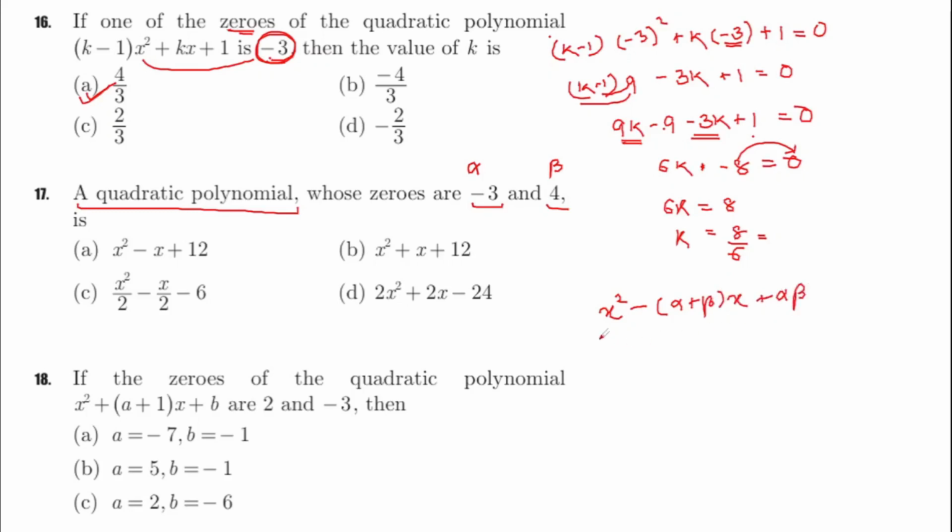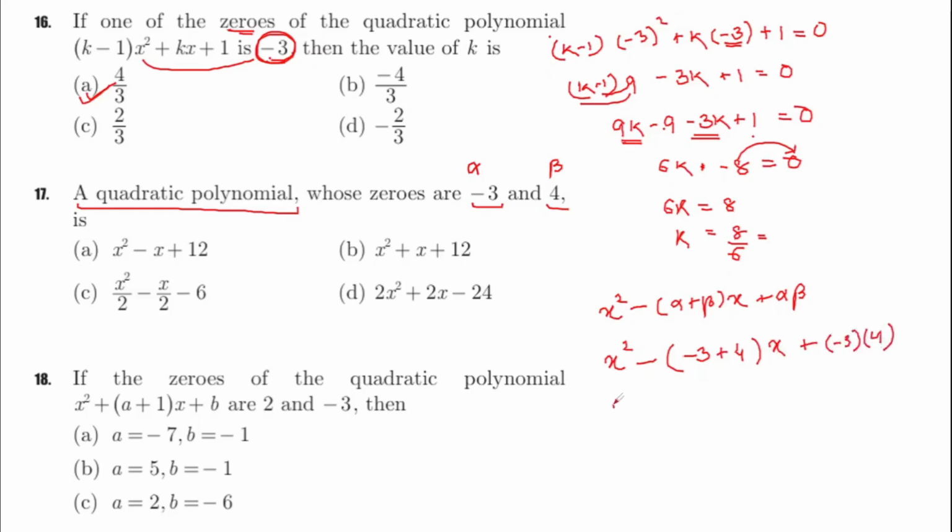So in place of alpha we write minus 3, in place of beta we write 4.